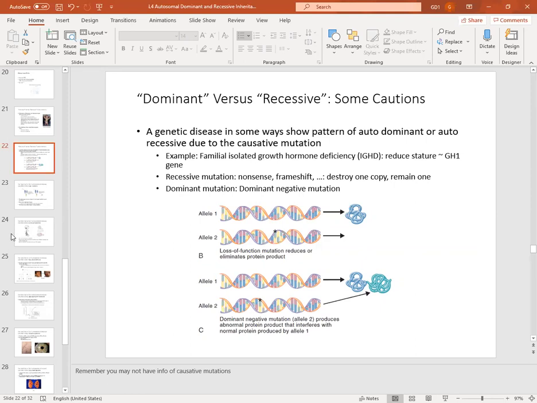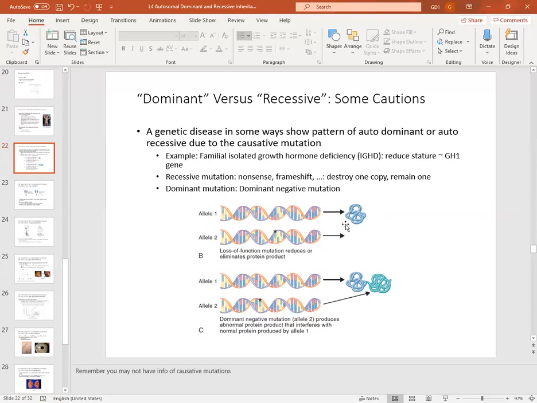In the case where the amount of protein is reduced, one allele completely generates no protein, and now we have half the protein amount, maybe 50%. But the 50% may be enough for the cell to work and for the body to survive well and express no phenotype of the disease.